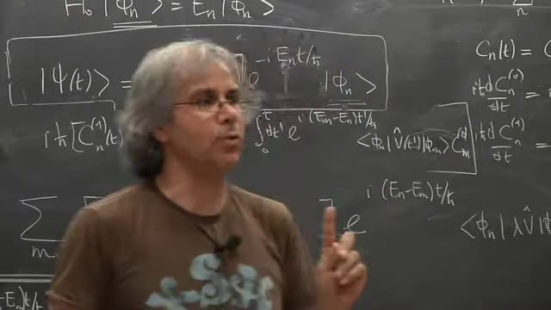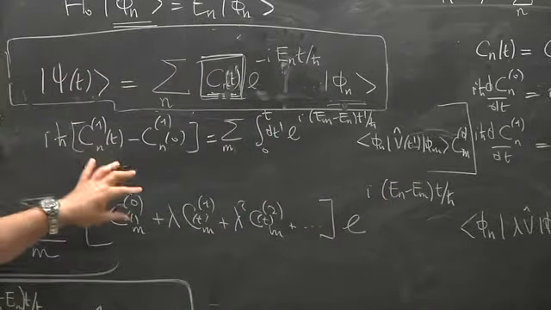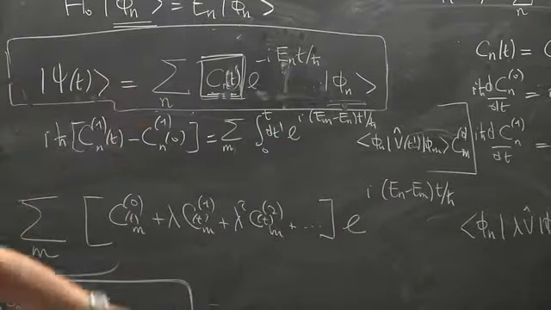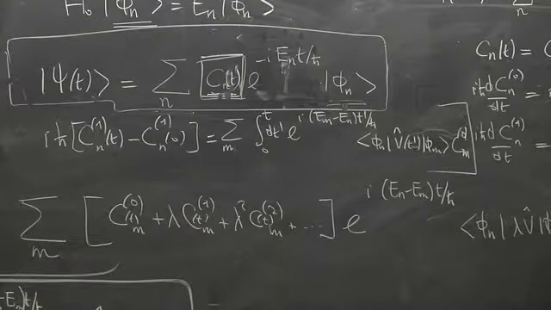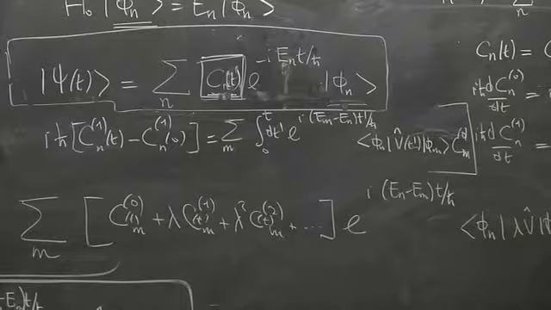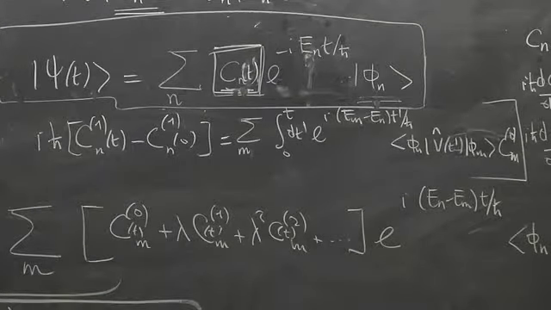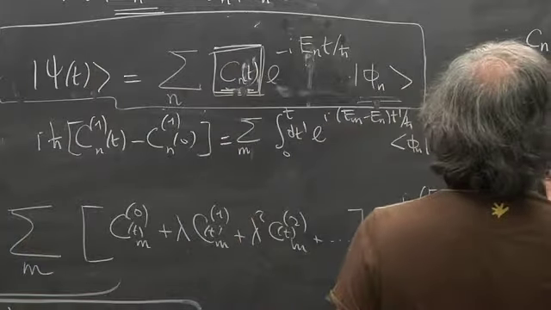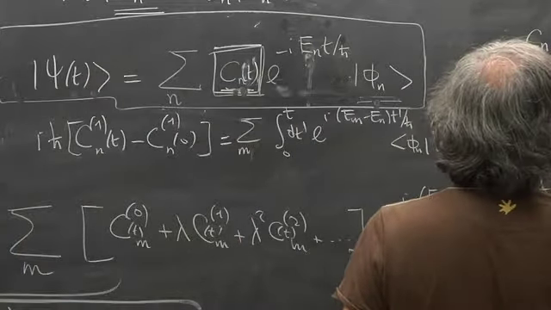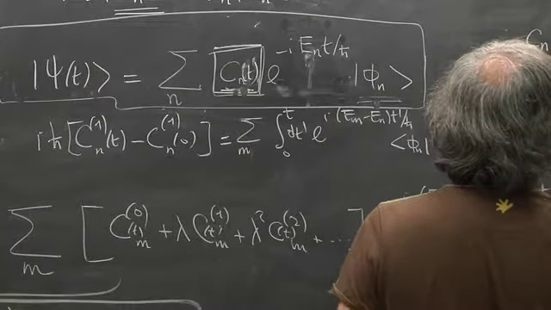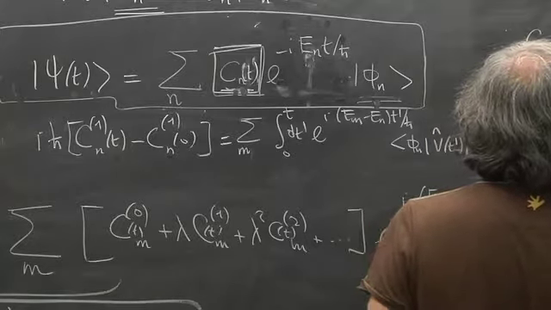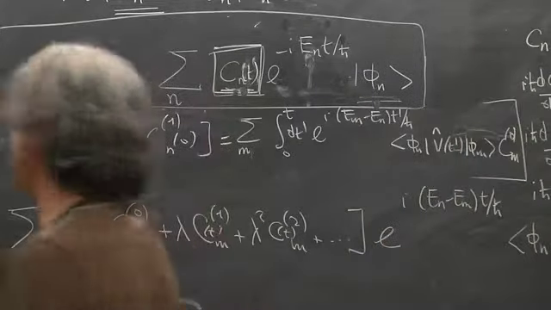So in principle, I could now finish calculating the C1 and plug it on the right-hand side. Maybe I should first point out to you the second-order term. You see, I have the second order on the right, so i h bar times the derivative of C2 n over time equals the sum over m. What is the second order on the right?